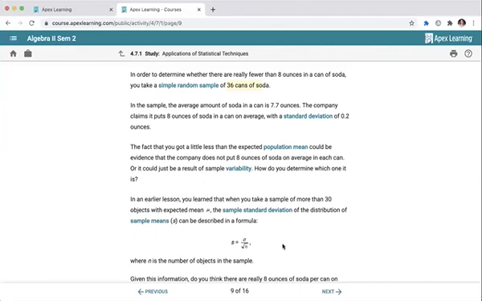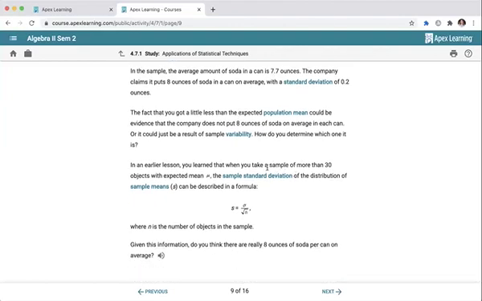So we can look at our variation. Beyond our 7.7 ounces measurement, we can look at our variation here. With samples of more than 30, so we have to have more than 30 samples, we can look at the sample standard deviation of the distribution of sample means.